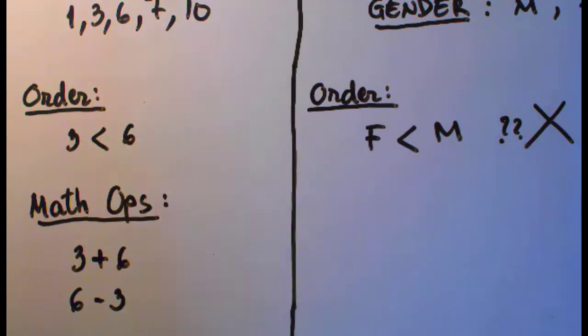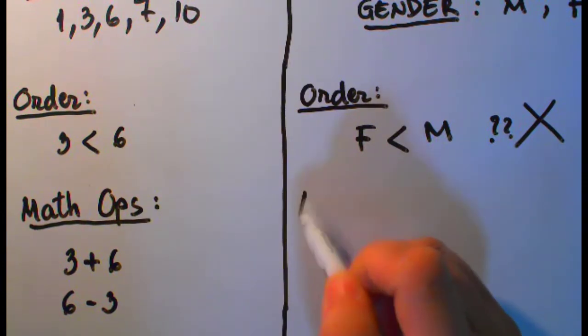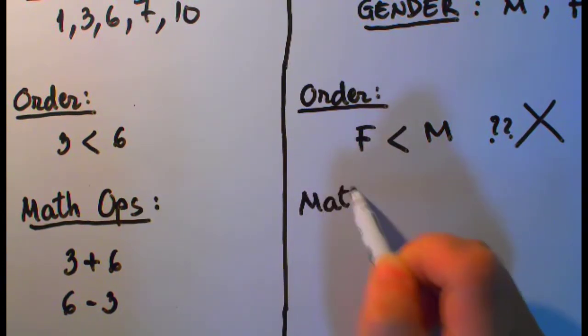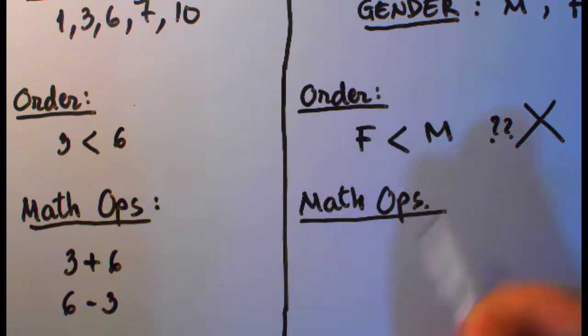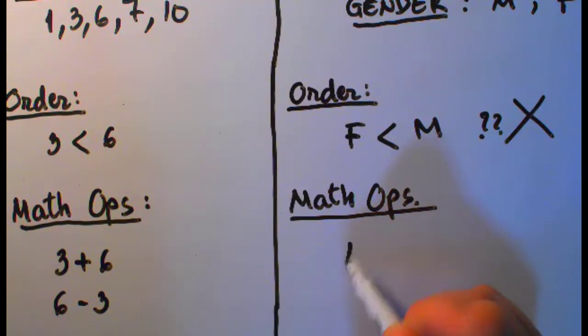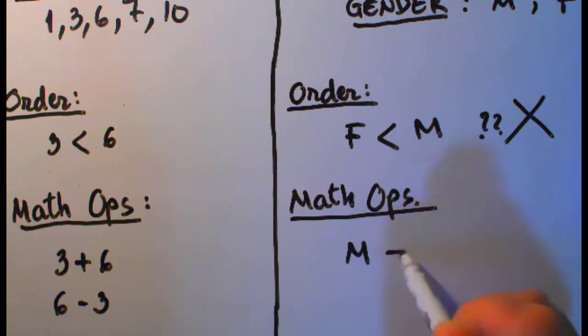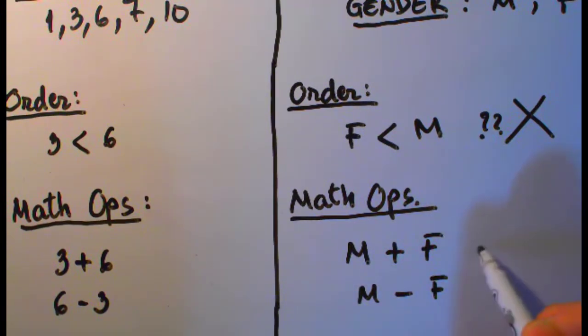But now think about these mathematical operations in categorical data. It makes no sense to do mathematical operations. For example, if you were going to do a male value plus a female value, or a male value subtract a female value, none of these really make sense.